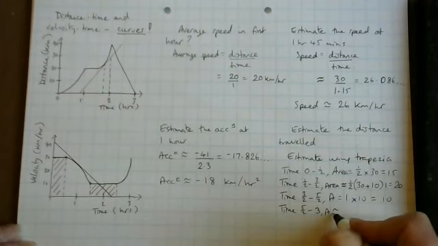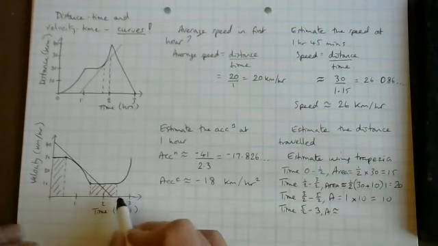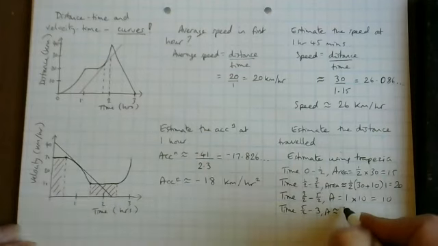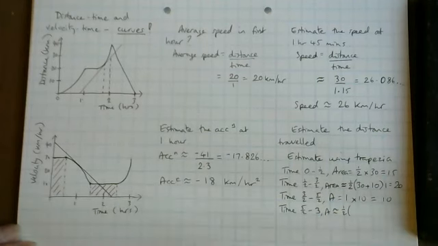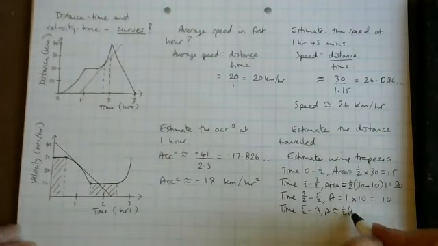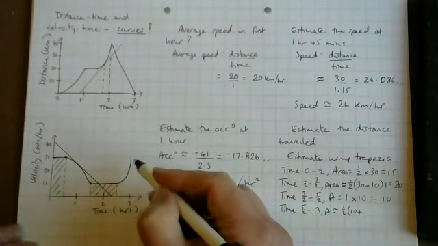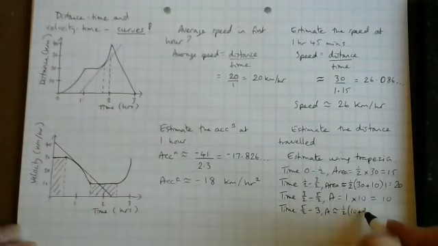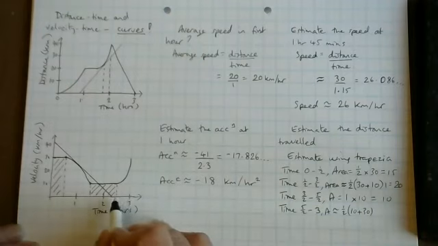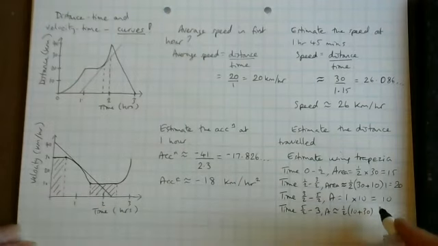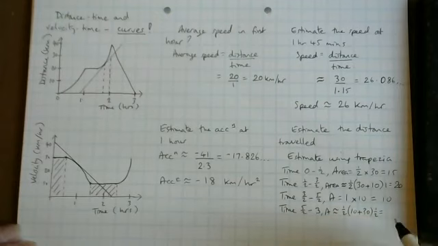Area is approximately a half. Base 10 plus 30 times width is half equals 40 divided by 4 equals 10.